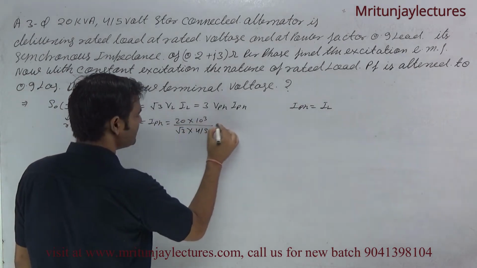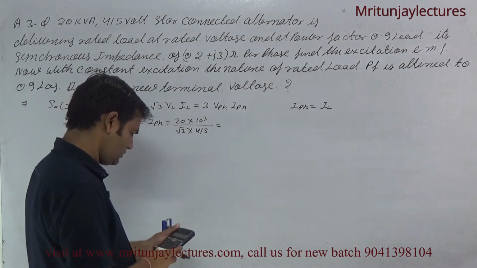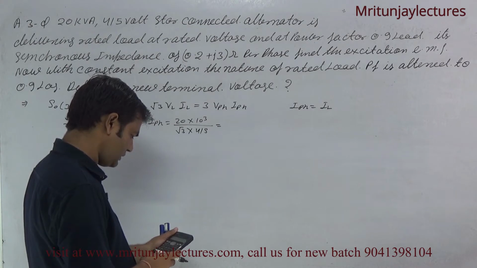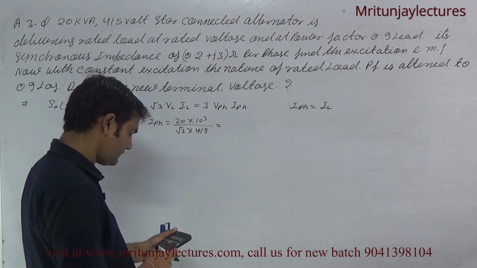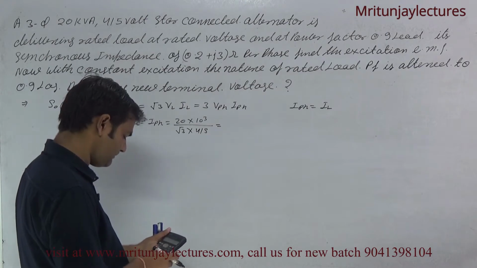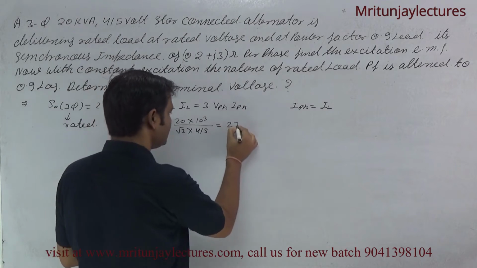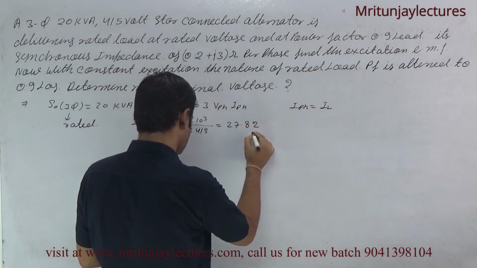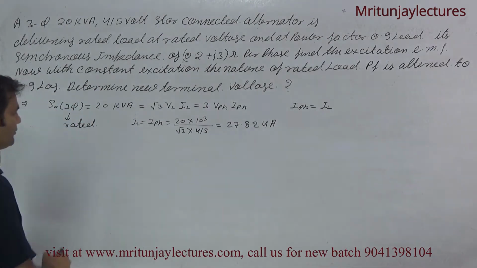So 20 into 10 to the power 3, divided by 415 into root 3, that is 27.824 ampere. Okay. And what about VPH?